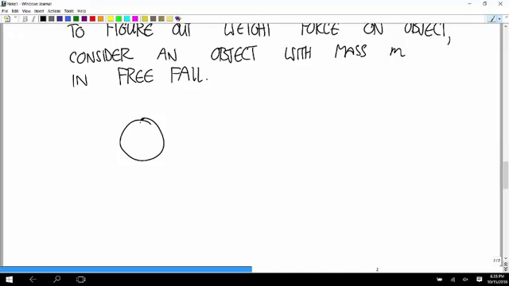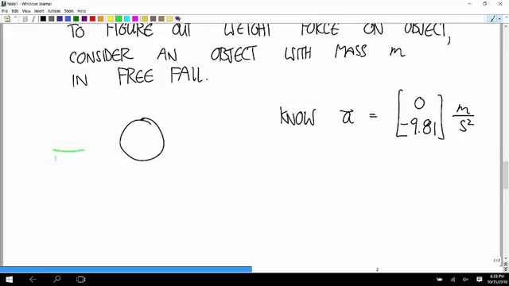And what do we know about something that's in free fall? Yeah, so if it's in free fall, we know that the acceleration vector is 0 for x, negative 9.81 meters per second squared for y. That's if we have our y-axis pointing up.